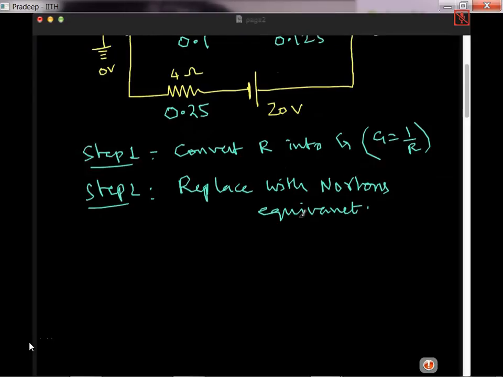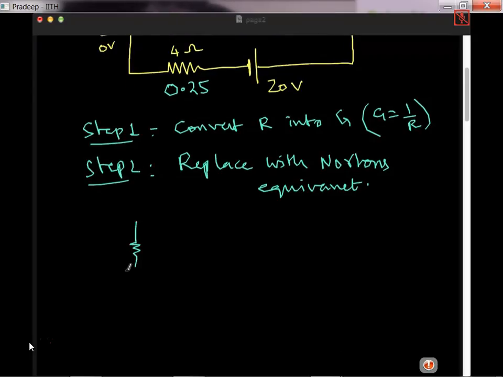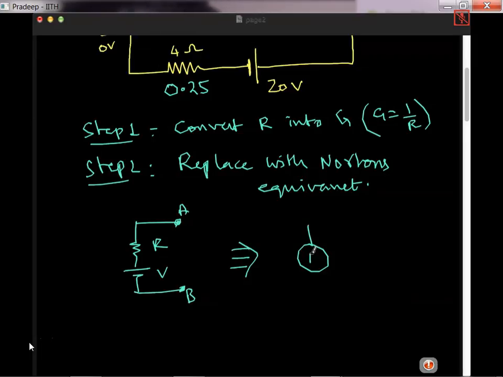If you have a resistance and a voltage source V and R between the two nodes A, B, this is equivalent to a current source in parallel with a resistance R, where the current I equals V by R amperes. So you can replace the voltage source in series with a resistance between the 2 points A, B using a current source in parallel with a resistance between the 2 points A, B. You can do it like that.